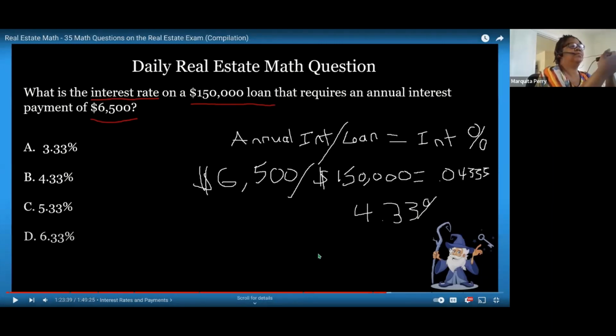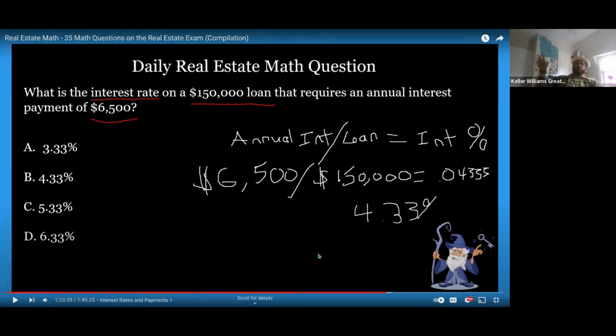So when you're looking for percentages, typically unless you know that the payment is the smaller of the two, you're going to take that payment and divide it by the total, and that's going to give you the interest rate. So it's the smaller thing divided by the larger thing that gives you the percentage.